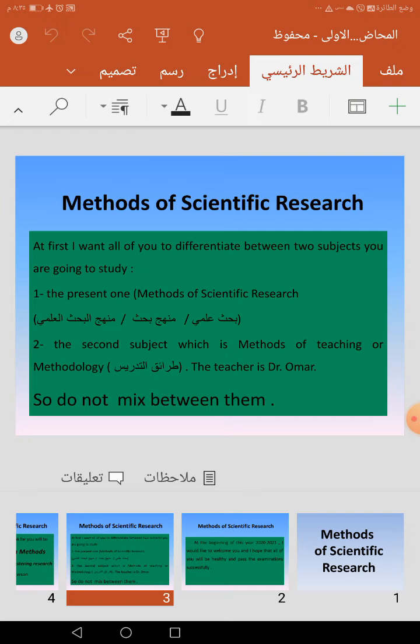You have methods of scientific research, which is called in Arabic البحث العلمي أو منهج البحث العلمي أو بحث علمي. And the other subject, which is methodology or teaching methods or methods of teaching. In Arabic, طرائق تدريس. And sometimes they call it مناهج.